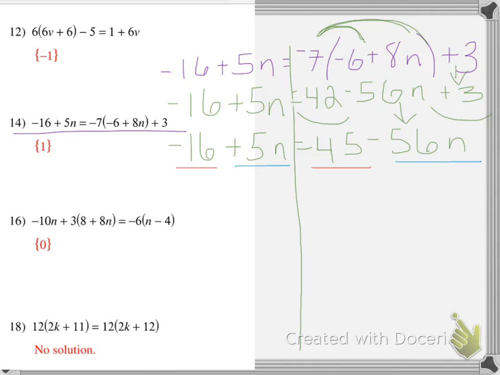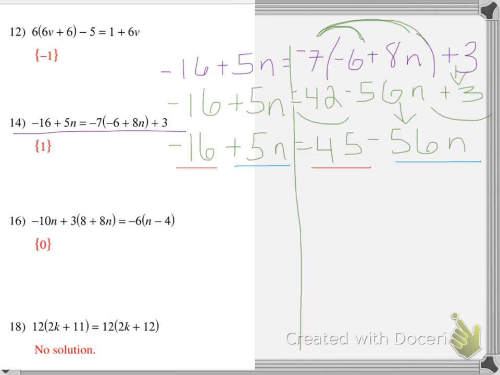We want to bring them together using the rules of algebra, which means whatever you do to one side, you have to do equally to the other side. And so what I'm saying is, let's get the blues together. I almost always try to put my variables together. So find the blues. All right, I want my blues to be on the, let's say, left.